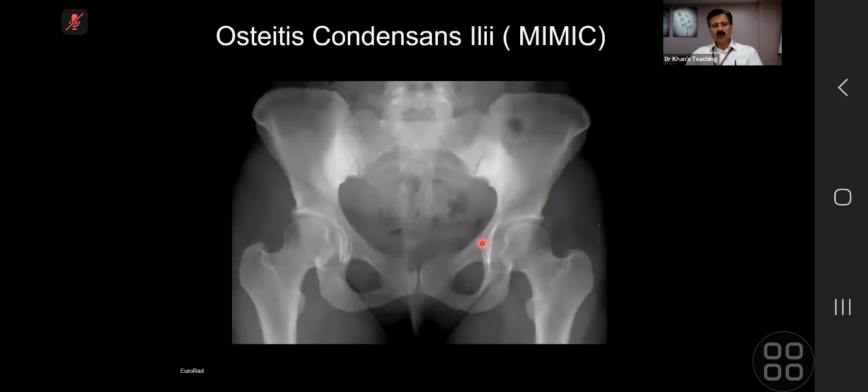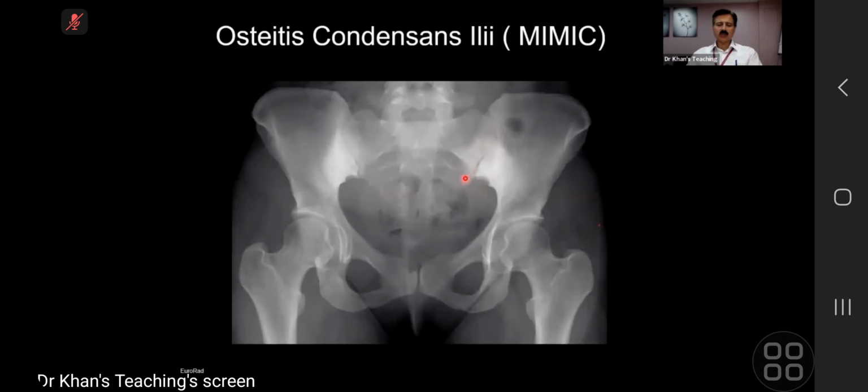Now, look here. This is classical osteitis condensans ilii. These patients are youngish, maybe 30, 35, 40 years old, and will have a lot of sclerosis on the iliac side of the joint. They will be multiparous. Because of the strains of parturition during childbirth, there can be sclerosis later on.